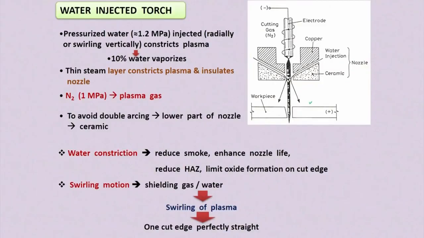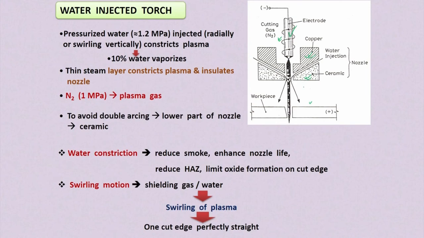Now the fourth one is the water injected torch. Here you can see the electrode, and the plasma gas as usual flows surrounding this electrode, and this is the copper nozzle. At the bottom side of this nozzle, ceramic material is used to reduce the double arcing.